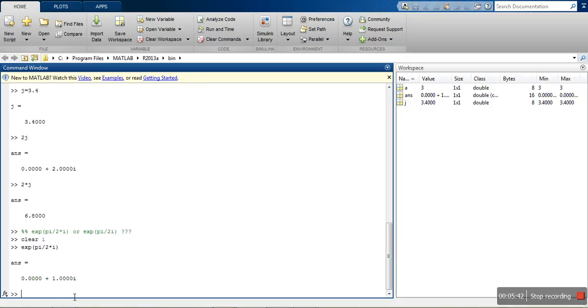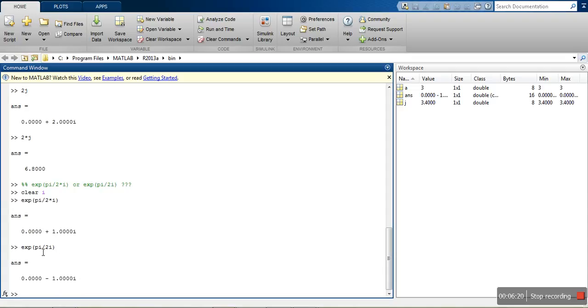Here in that case, because of the higher precedence of the division operation, pi i by 2 is evaluated first and then i is multiplied with that value, and that argument will be given to the exponential. So the value of exponential of 1.54 multiplied by i is this, and then the value of the expression exponential of pi i by 2i. In that case, the answer is completely different from the first expression.